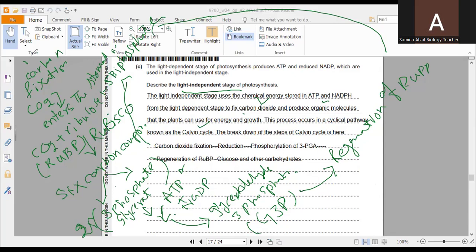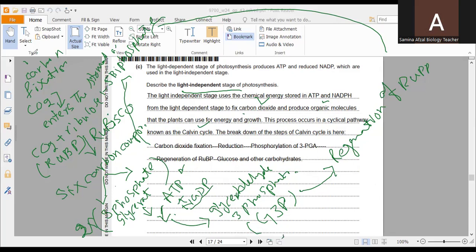So it will break down into 2 molecules of 3-phosphate glycerate. Then ATP and NADPH, which are from the light dependent stage, cause phosphorylation by ATP, and it will be changed into 1,3 bisphosphoglycerate, and then by the NADPH, it will be changed into glyceraldehyde 3 phosphate compound.